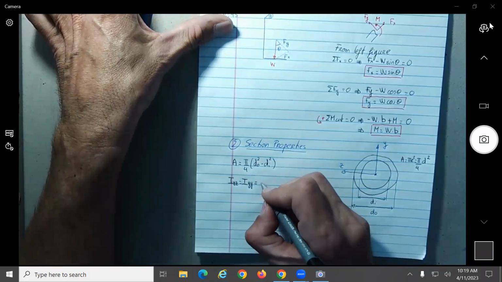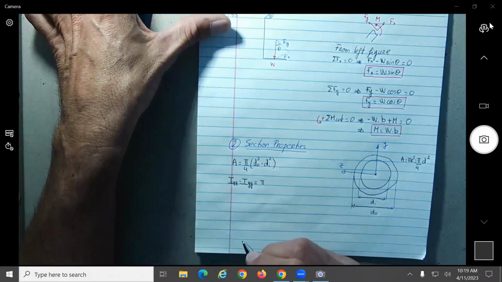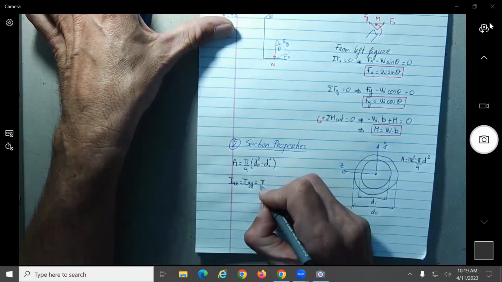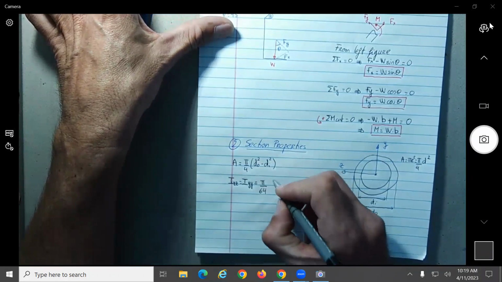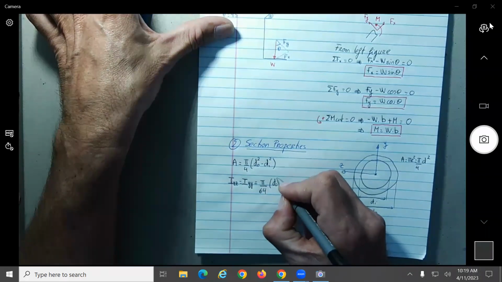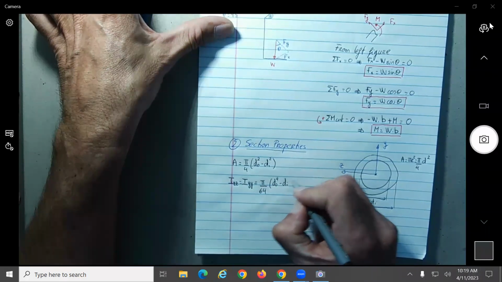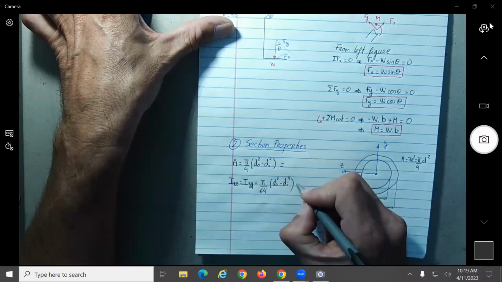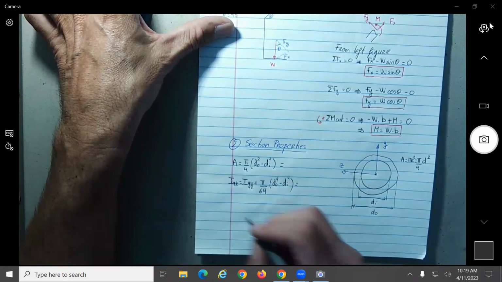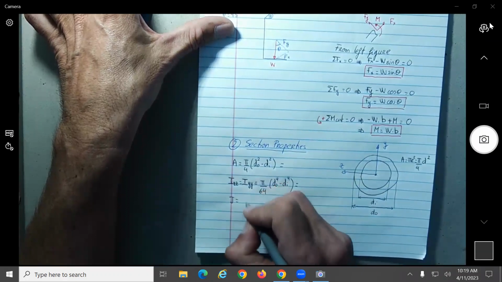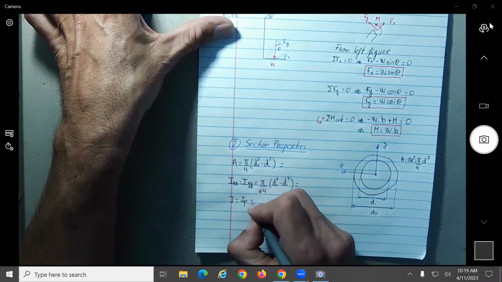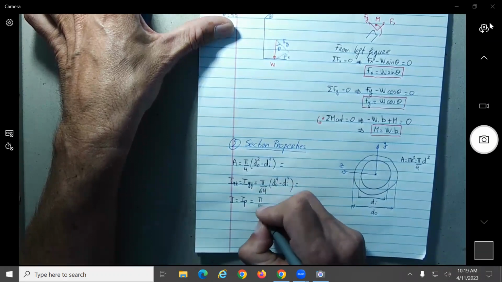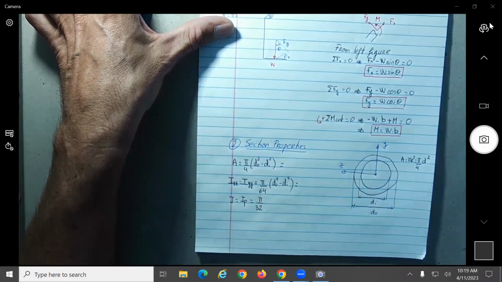And what was that one? 64 or 32? 64 per diameter, okay, so pi over 64, and then we'll have d outside to the 4th minus d inside to the 4th. Again, after we're going to need all of them. We can do the calculations. And then at the end, the J, or what they call on that page the polar moment of inertia, will be just the same thing, but pi over 32 now.